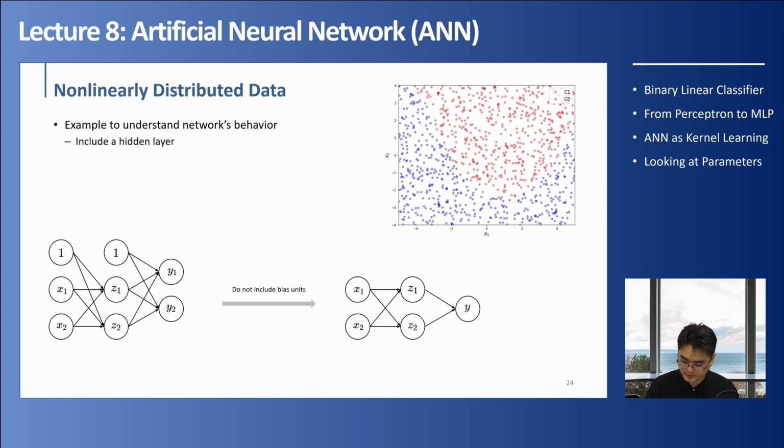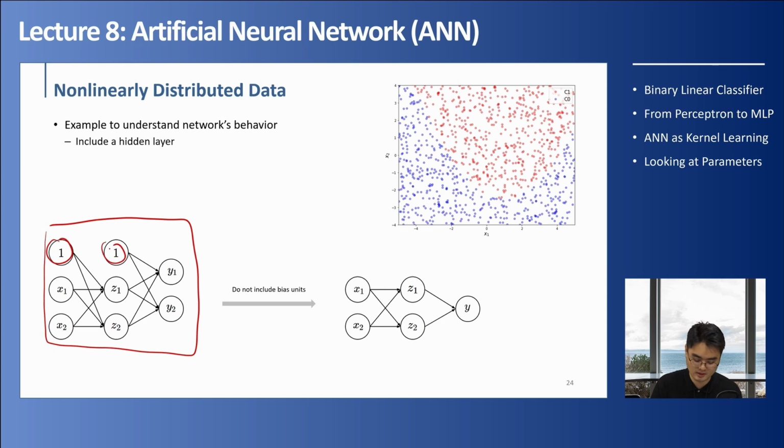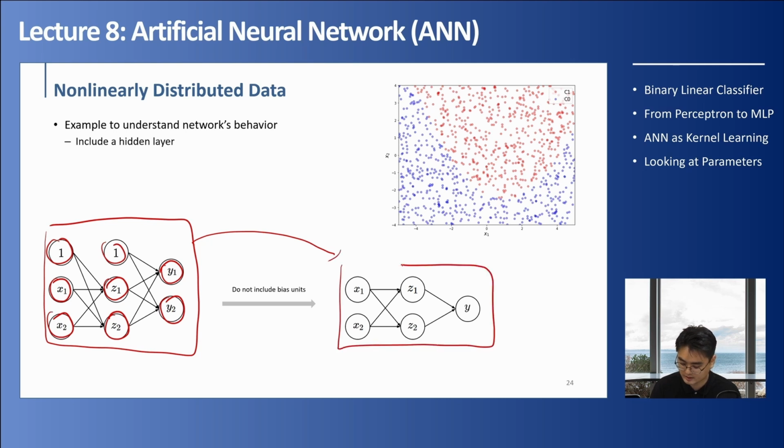So for example, let's try to use this neural network here. These ones are our biases, and we have our input features, and we have additional features in the middle, Z1, Z2, and let's say that Y1 and Y2 are the outputs. To make this a more simplified schematic for our MLP, let's just omit our bias because these are included in all of our layers.